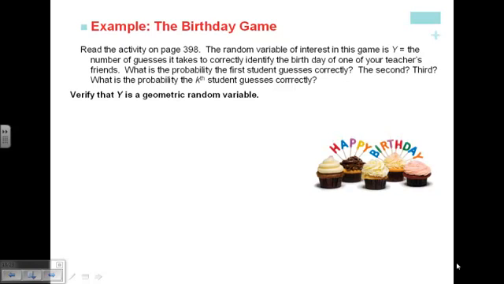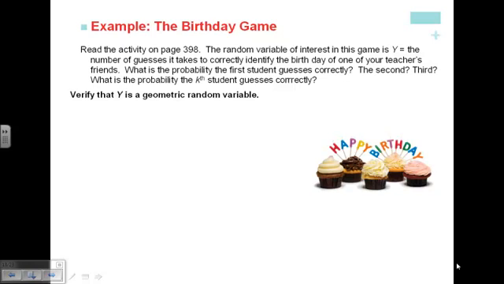Now, if the guesses were independent, if after Perry guesses, Nolan doesn't have any idea what he just guessed, and he has the possibility of guessing the same day again, would it then be geometric? Yes. And we might describe that geometric distribution.